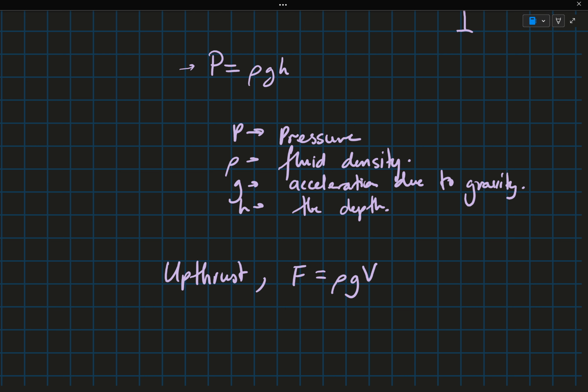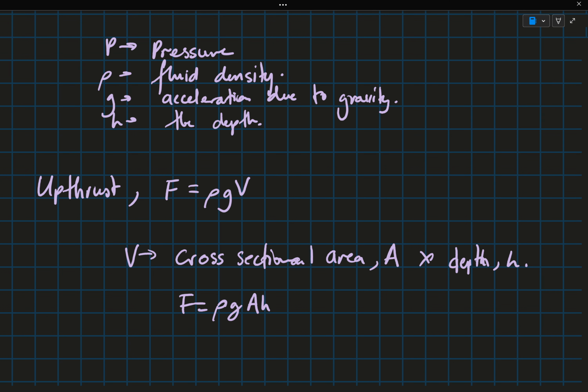So really and truly, we can rewrite this equation as F is equal to rho g A h. Alrighty? So that would be the upthrust there, more or less.